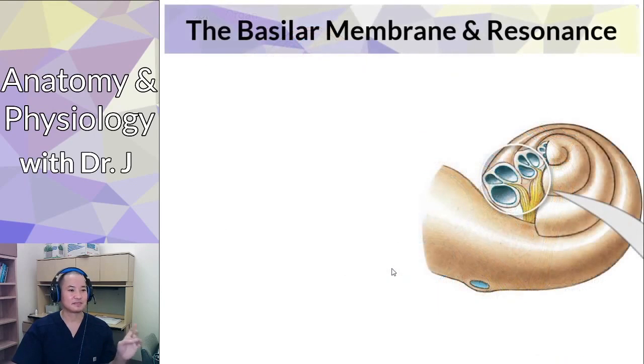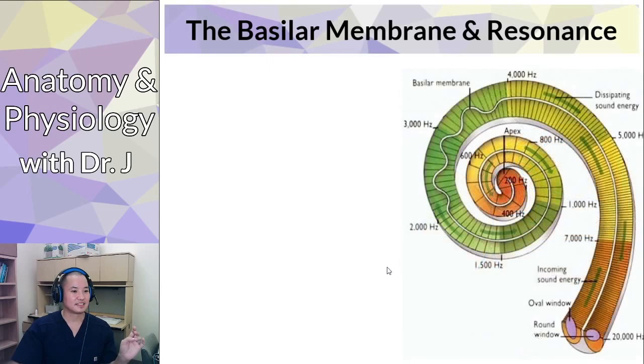What we see here is, okay, higher pitch, this is 20,000 hertz, so that's 20,000 waves per second, and then up here we only have 200 hertz, so only 200 waves per second.